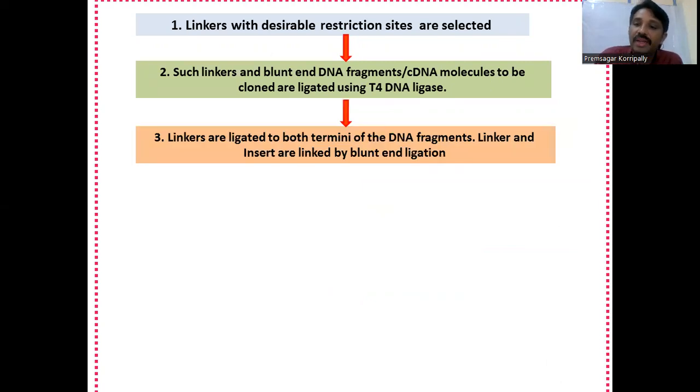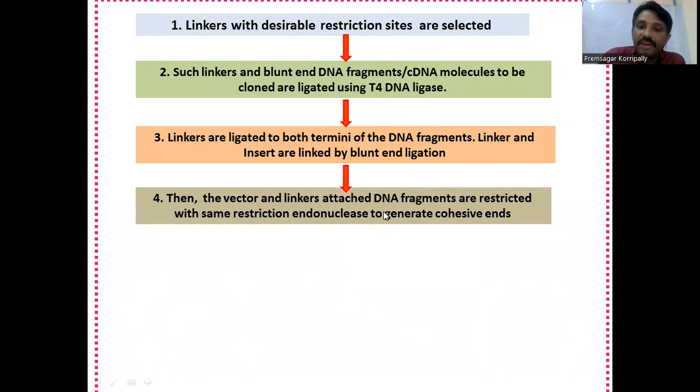They are ligated by the T4 DNA ligase, and the ligated molecules with the linkers are subjected to restriction digestion, right? Linkers are ligated to both termini of the DNA fragments by blunt end ligation, and the DNA fragments with the linkers are subjected to restriction digestion with the specific enzyme, which generates the cohesive ends.